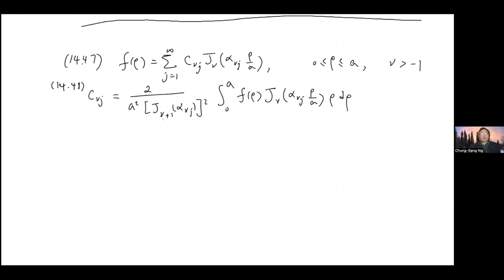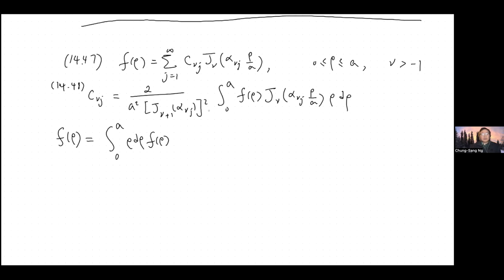But then we can substitute the c sub j formula into the first equation, and we write it like that. So f of rho equals, you can write it with the integration outward, and then you have rho d rho and f of rho, right?